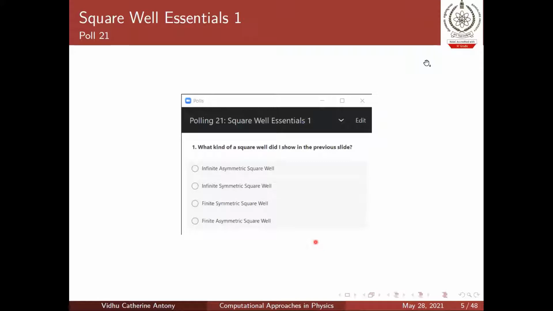This is something that you have done in your first semester quantum mechanics class, so you should be very thorough with that. These are all the essential basics of the whole thing. Okay, 30 seconds left, so please plug in your answers fast. 20 seconds left. 27 of you have voted out of 45, so I'm hoping people will start voting faster.